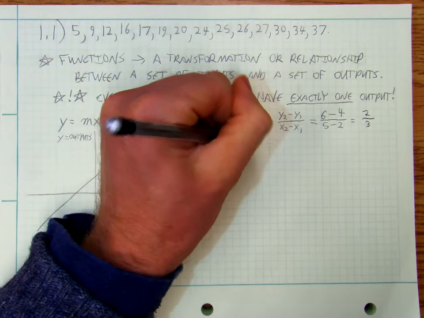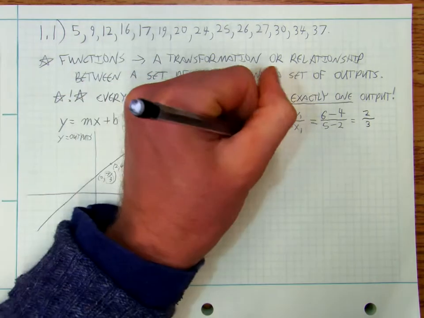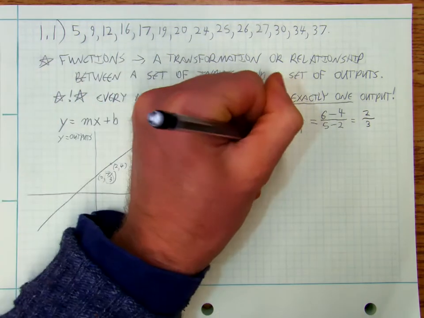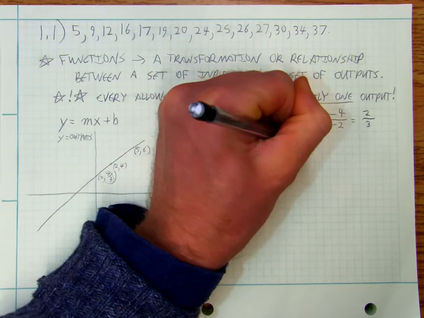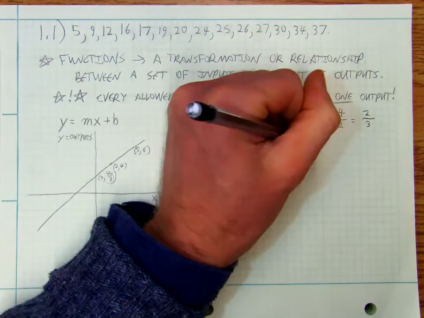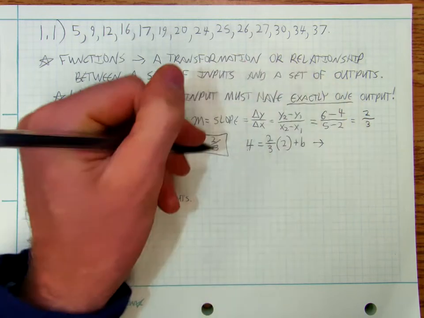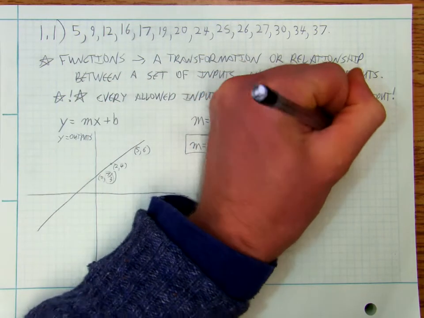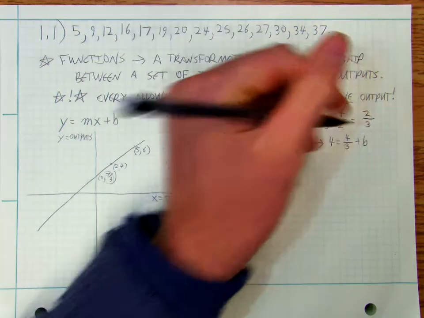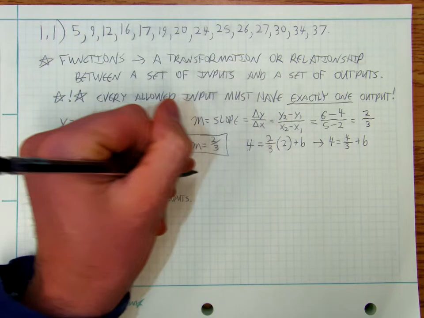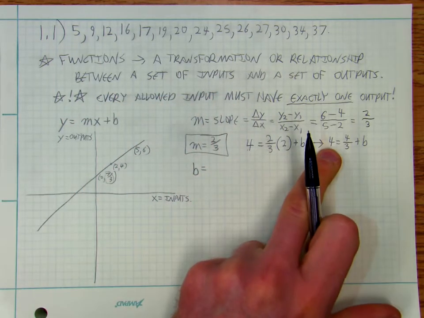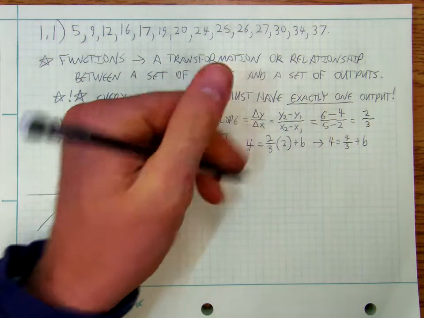So my y is 4, then my slope is 2/3, my x is 2, and then I've got plus b. And so that leaves me with 4 equals 4/3 plus b. And that leaves me with b is equal to 8/3.